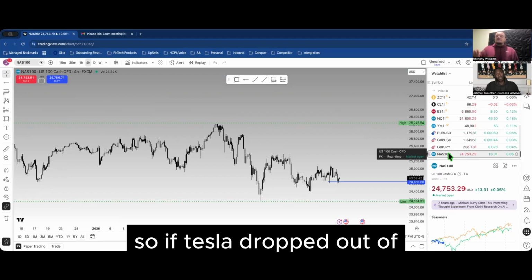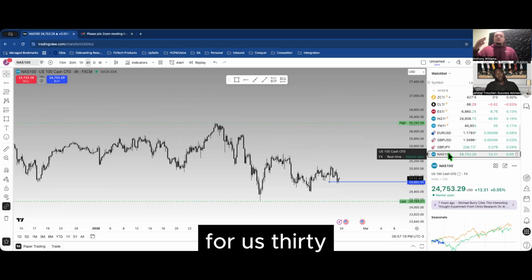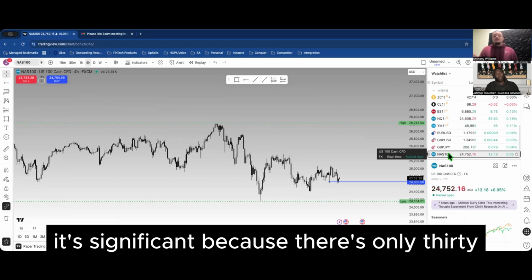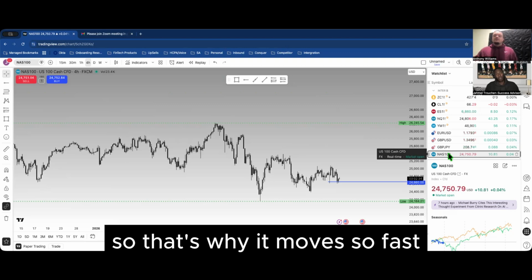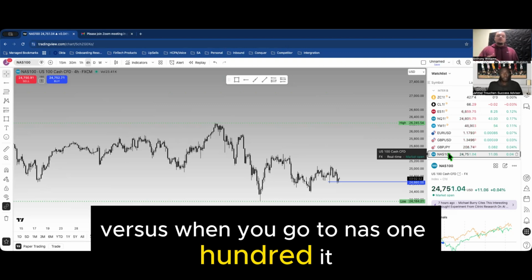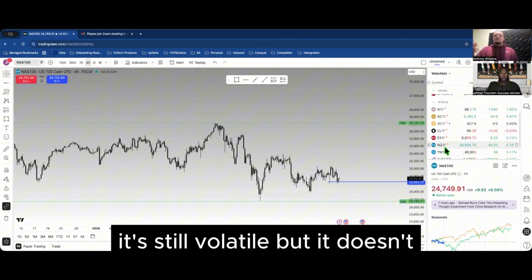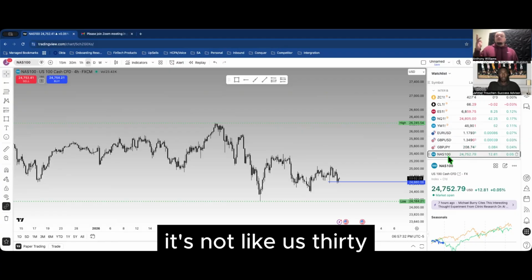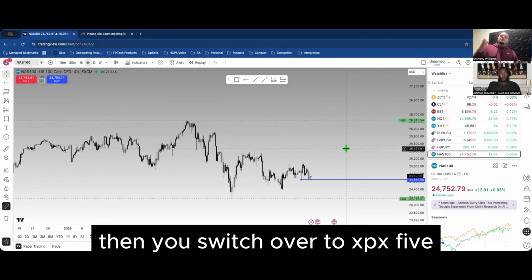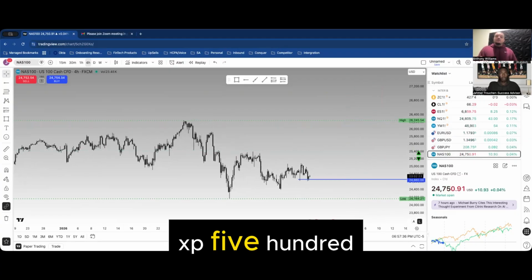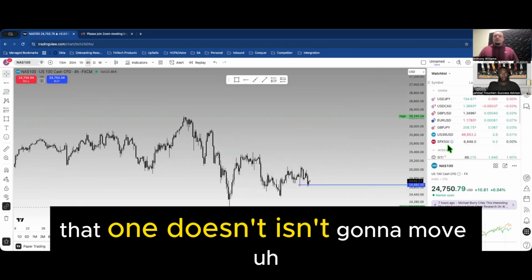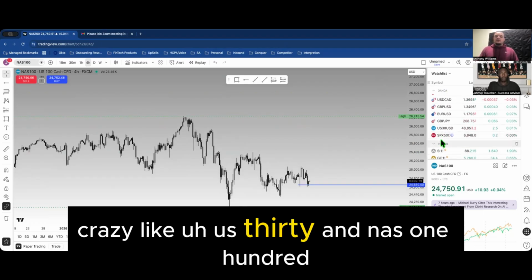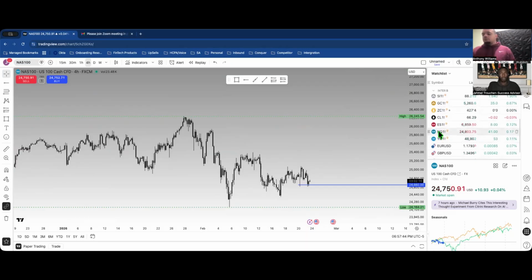If Tesla dropped out of US 30, it's significant because there's only 30. That's why it moves so fast. With NAS 100, it's still volatile, but not like US 30. Then you switch over to S&P 500. That one isn't going to move crazy like US 30 and NAS 100 because there are more companies in it.